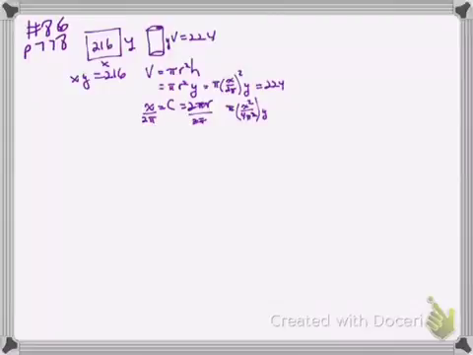One pi on the bottom, one pi on the top, cancel. And so if I want to make it look a little neater, we have x squared times y over 4 pi. And so we know that xy equals 216, so that means y equals 216 divided by x.